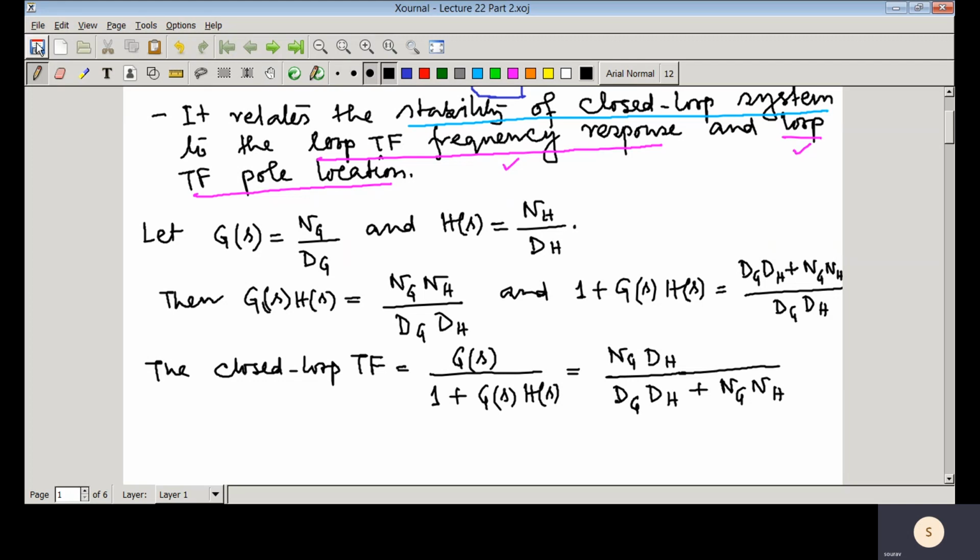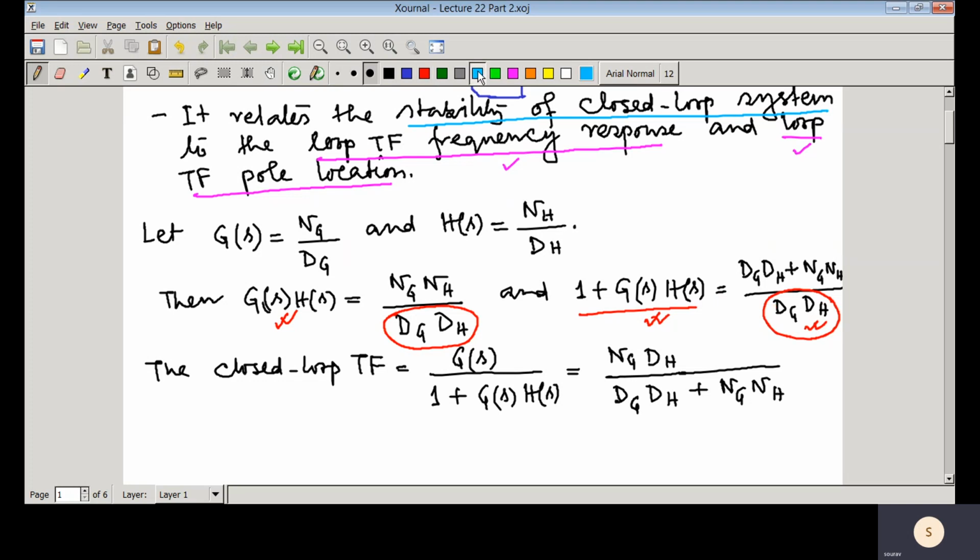Let us see. Here you can see the characteristic polynomial, 1 plus G(s)H(s). It has poles given by DG DH, that means the roots of the polynomial DG DH are the poles of 1 plus G(s)H(s). So the poles of the loop transfer function and the poles of 1 plus G(s)H(s) are the same.